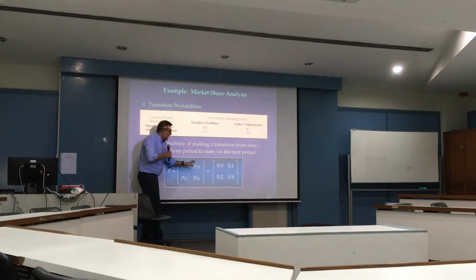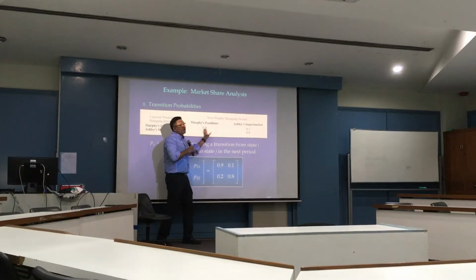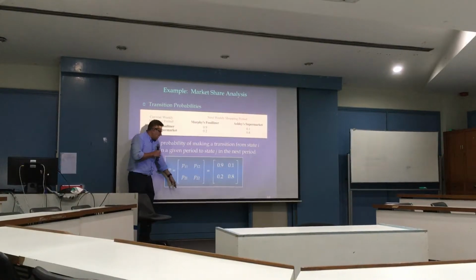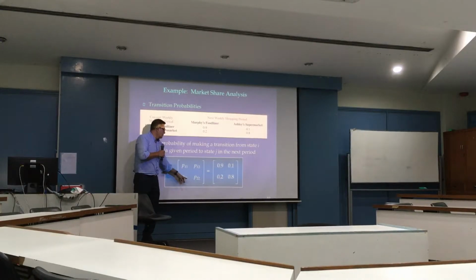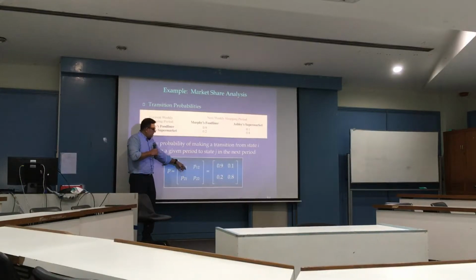So if I rewrite it in the form of a matrix, we have a 2 by 2 matrix, with 2 rows and 2 columns, just like this. I'm using the general form, P11, P12, P21, P22. The first digit represents the horizontal or the row, and the second digit is for the vertical or the column.